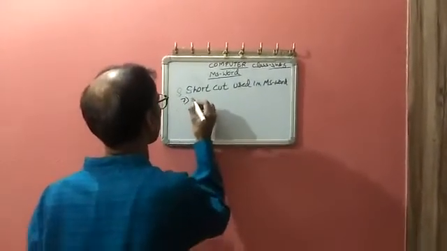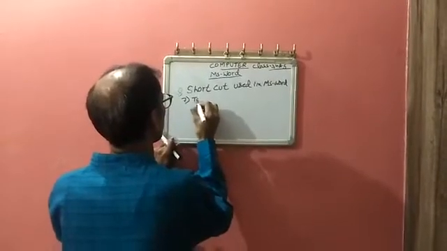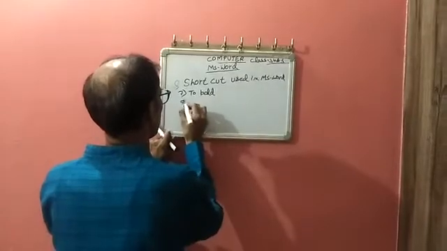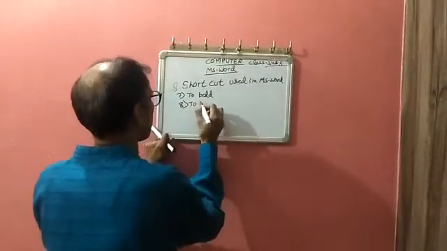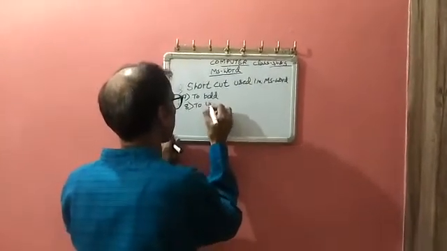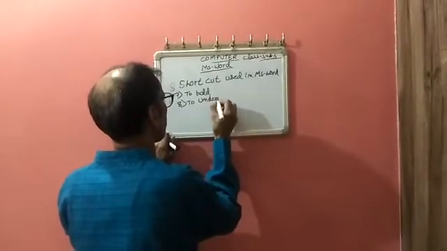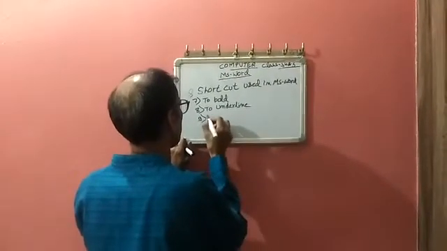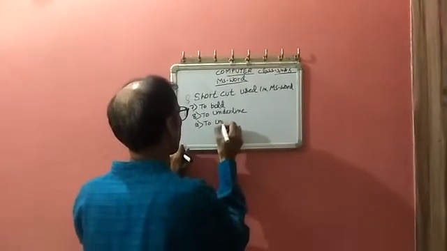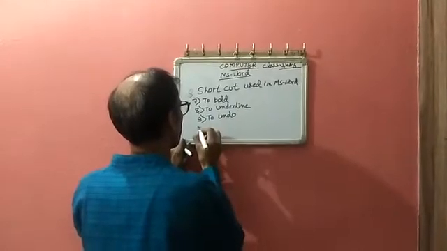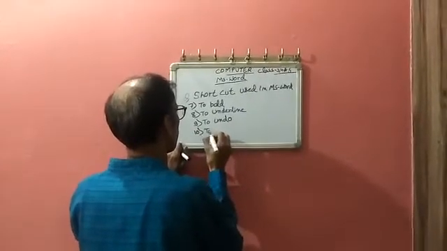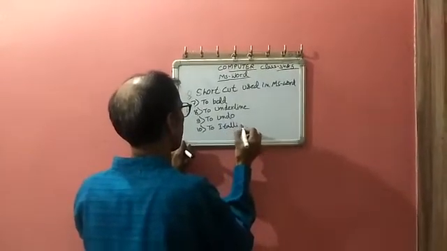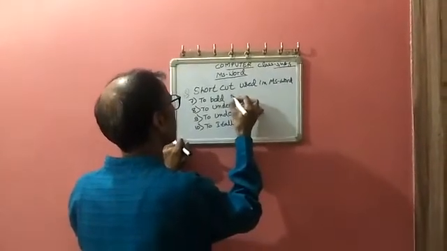Seventh is to bold. Eighth is to underline. Ninth is to undo. And the tenth is italic.